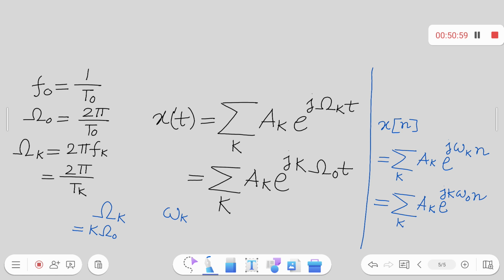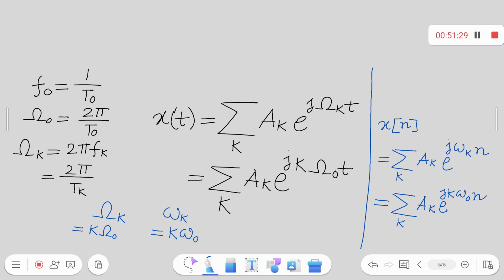These frequencies omega_k are distinct in nature in the analog domain. But that is not the case with the digital frequency. I can represent this omega_k as k times omega naught, that's fine.